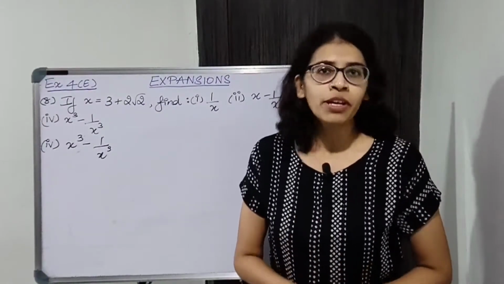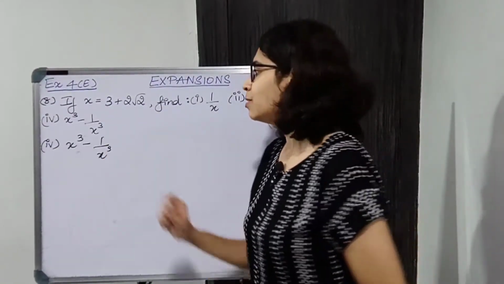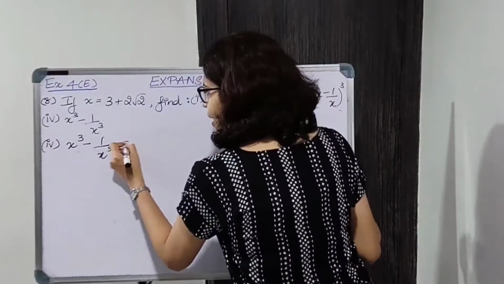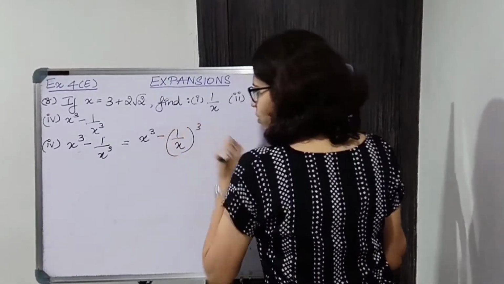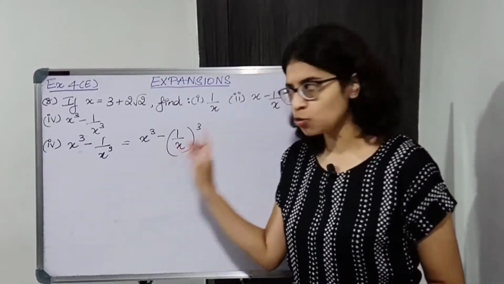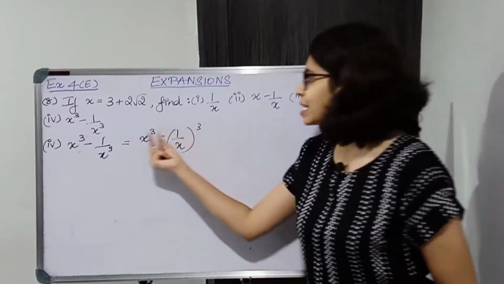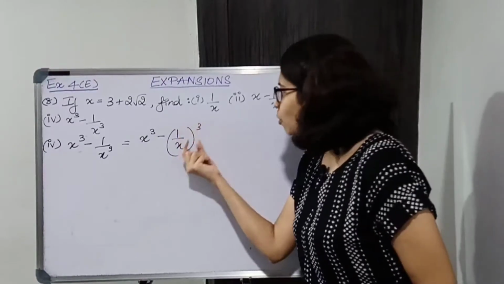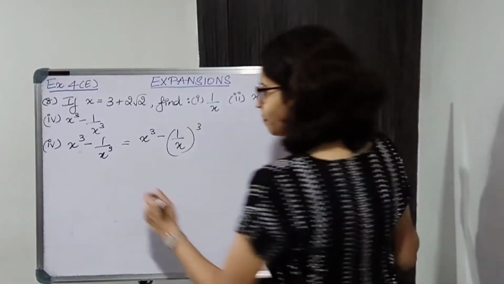Now there is one more method by which we can find x cube minus 1 upon x cube. I can rewrite this as x minus 1 upon x the whole cube. 1 ka cube is 1, x ka cube is x cube. So I have just rewritten the whole thing ka cube. Now x ka value I know, 1 upon x ka value also I know. So we will substitute the values.